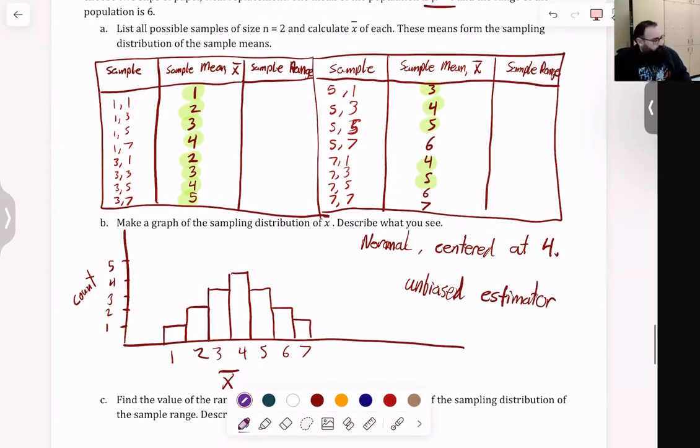Now let's do the same thing for the ranges. So remember, it's going to be max minus min, max minus min, max minus min, max minus min. So what we get here is 0, 2, 4, 6, 2, 0, 2, 4, 4, 2, 0, 2, 6, 4, 2, 0.